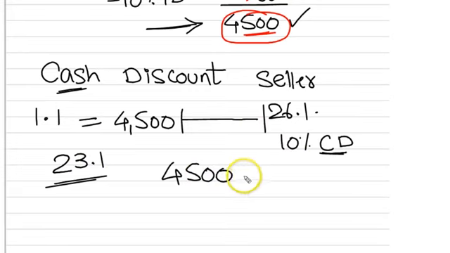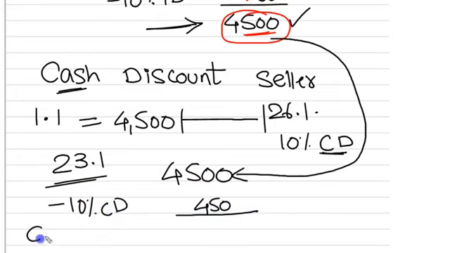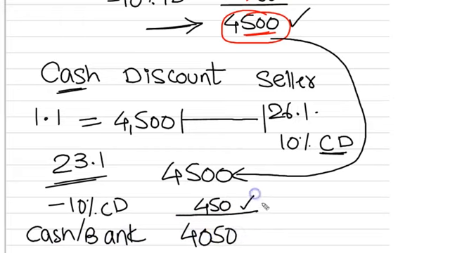In this situation, the trader was supposed to receive this 4500, but since he had promised me that if I make the payment before 26th January, he is supposed to give me 10% concession or discount. So 4500 minus 10% cash discount, that is 450. I am supposed to make the payment either by cash or by check, that is bank. So how much do I have to pay now? 4050. This is the real benefit for me.